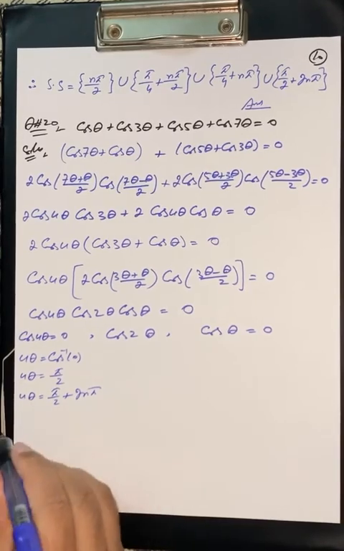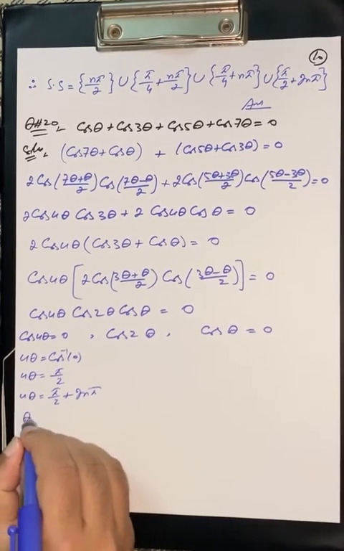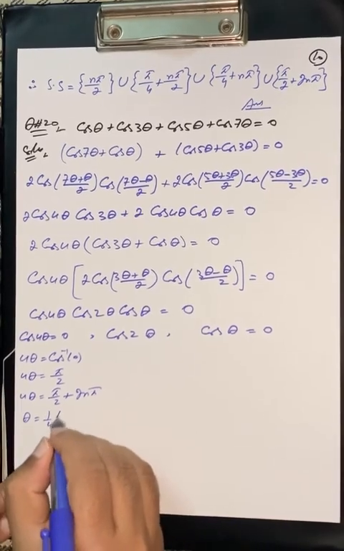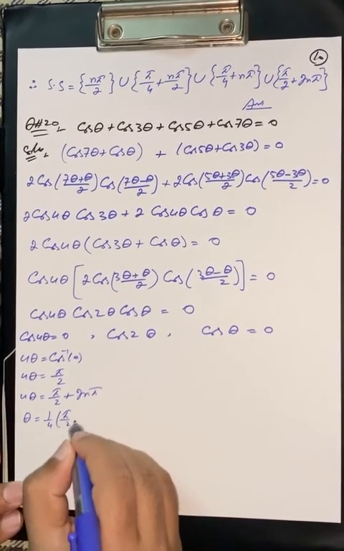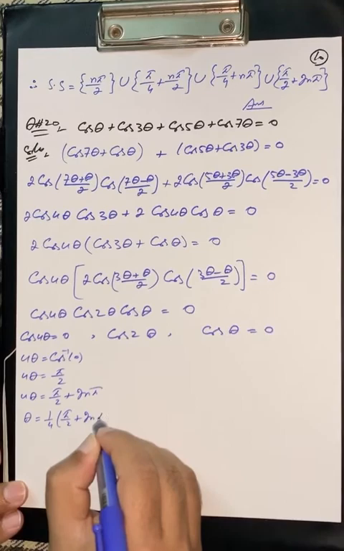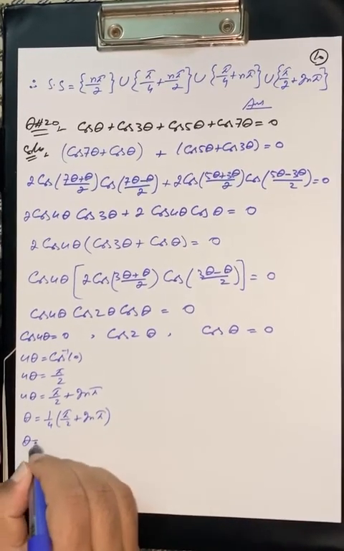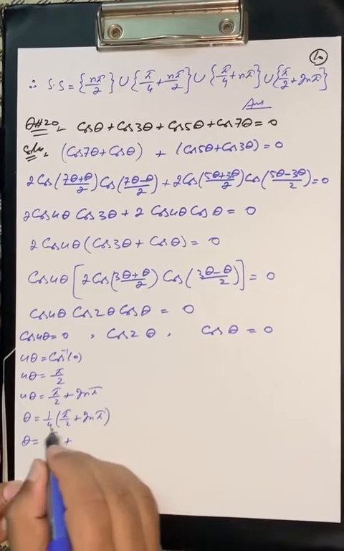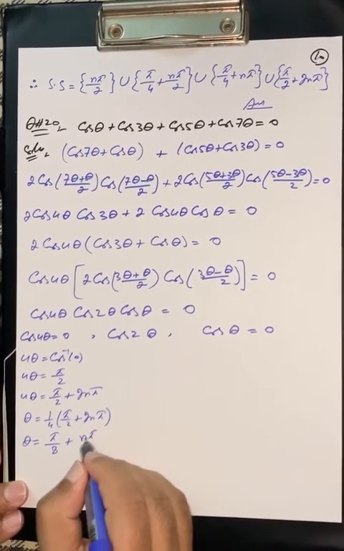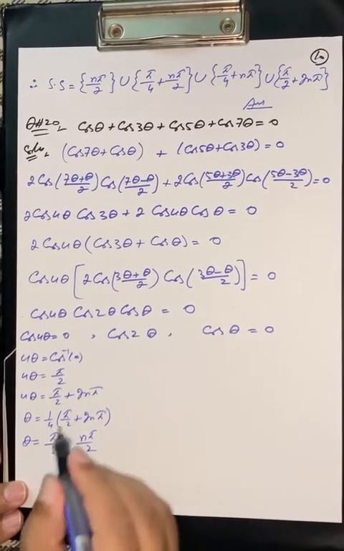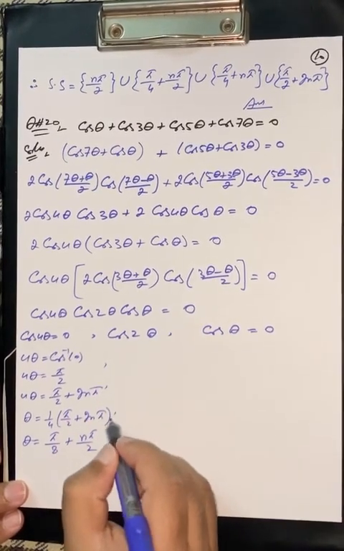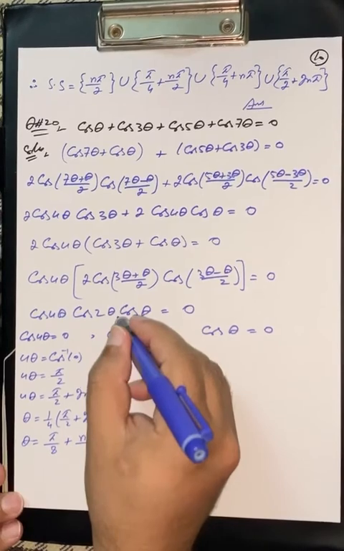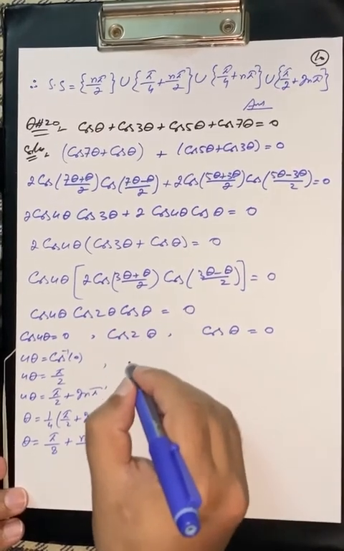Now bring 4 to the other side, theta equals 1 by 4 times pi by 2 plus 2n pi. What is left? Theta equals pi by 8, here 2 twos are 4, n pi by 2 left. Now we just put commas to separate the next solution. What is that? Cos 2 theta.